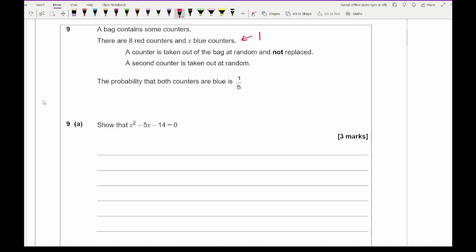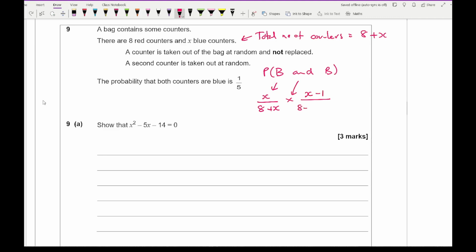So that means that the total number of counters is going to be 8 plus x. Now it says that a counter is taken at random and not replaced, and the second counter is taken at random. The probability that both counters are blue, so the probability of picking a blue and a blue: the probability of selecting a blue is going to be x over 8 plus x, and, which means multiply, the probability of the second one being blue is going to be x minus 1 over, and how many counters are going to be left?